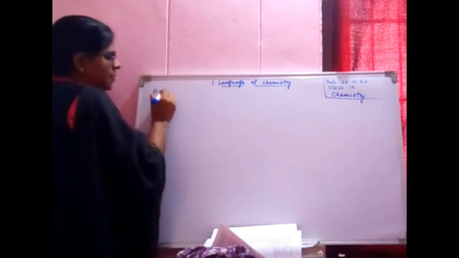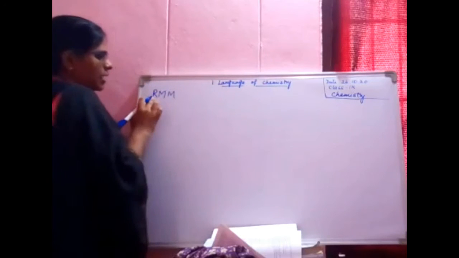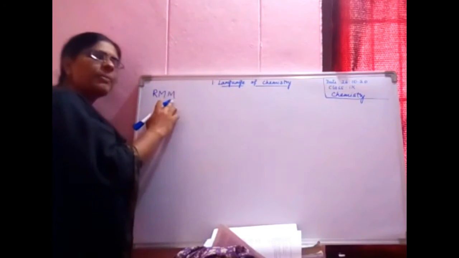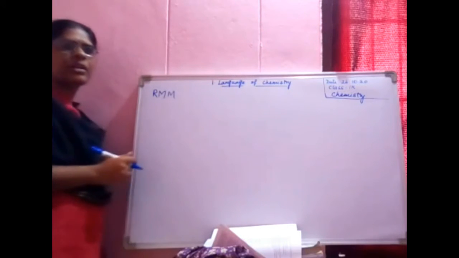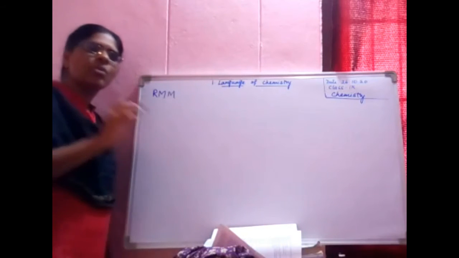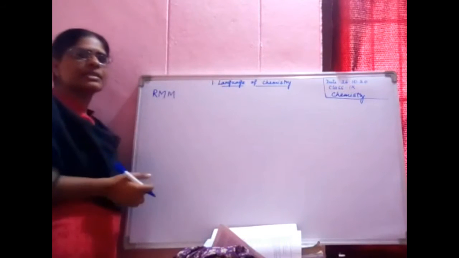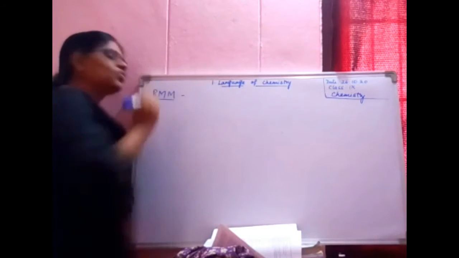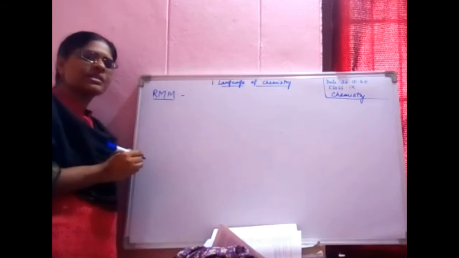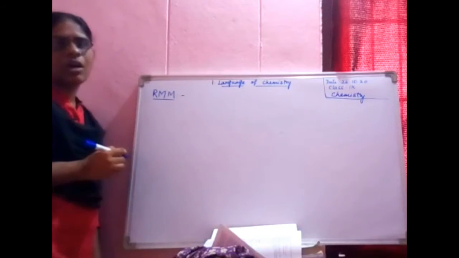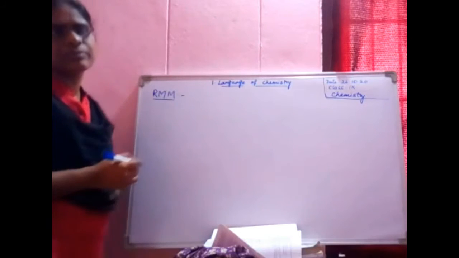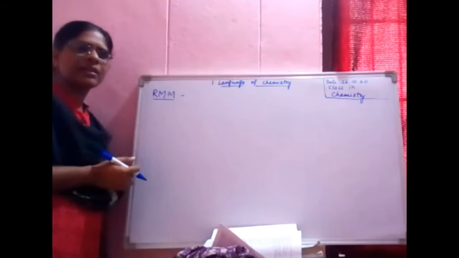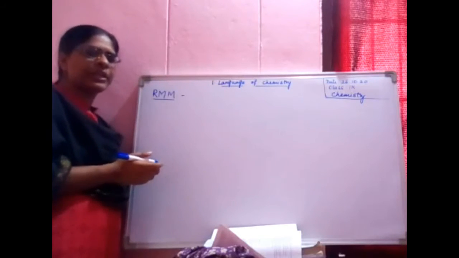RMM, relative molecular mass. Okay, relative molecular mass. Now what do we mean by relative molecular mass? First of all, how do we get a molecule? Atoms combine to form a molecule.